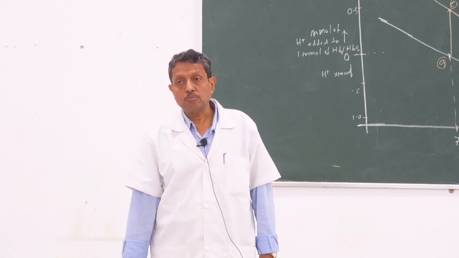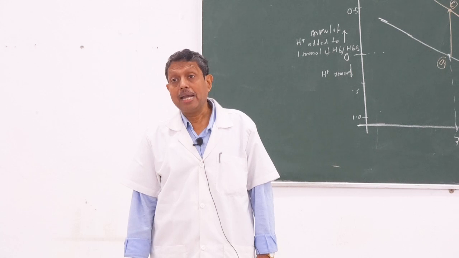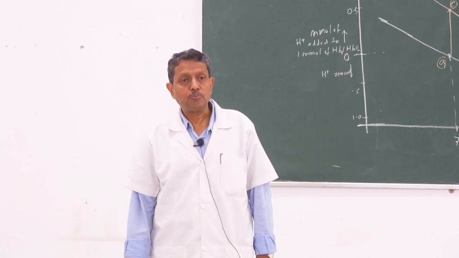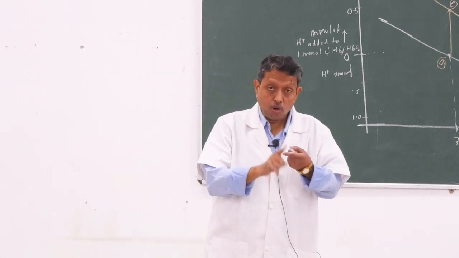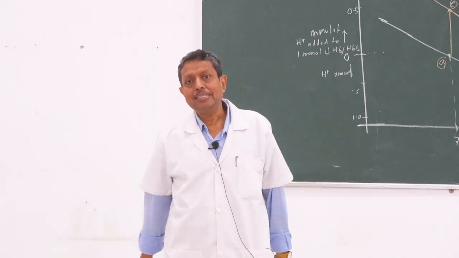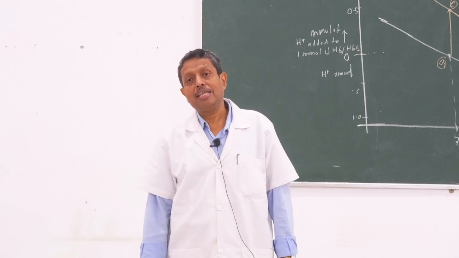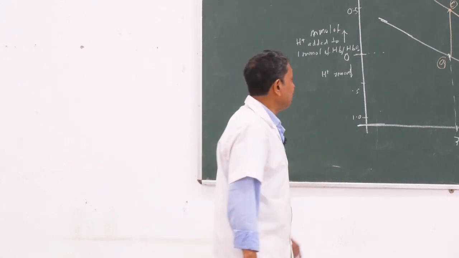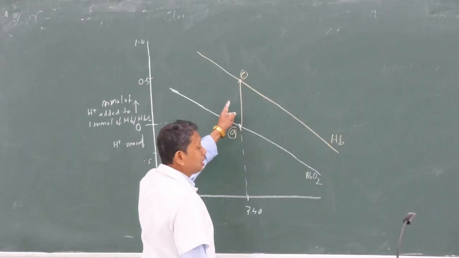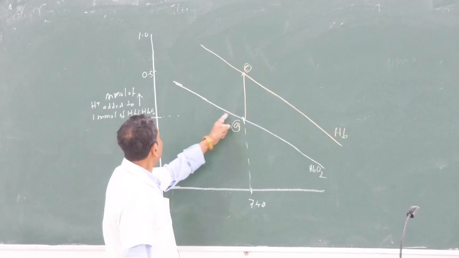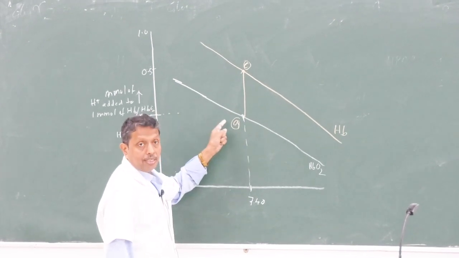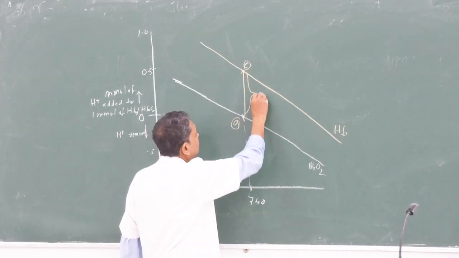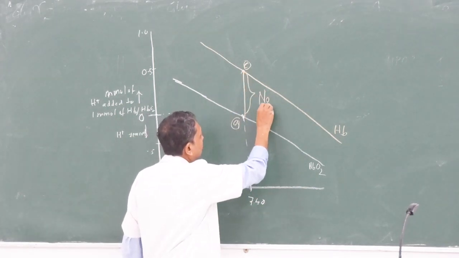Its pK is more, it is a weak acid and it is a buffer, and deoxyhemoglobin is a better buffer than oxyhemoglobin. When this amount of hydrogen ion is added in the mixed venous blood, there is no pH shift.